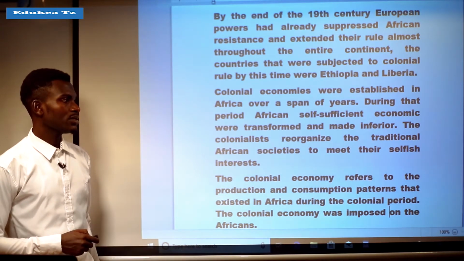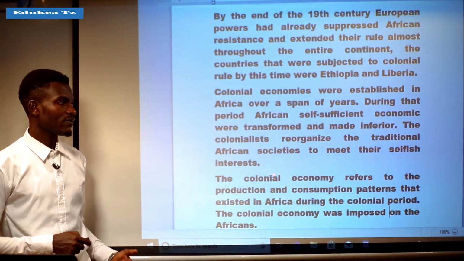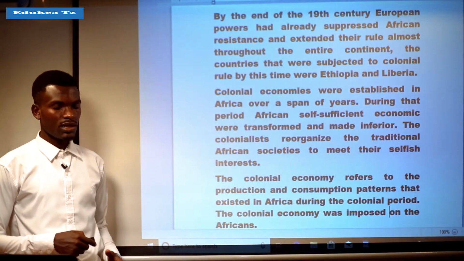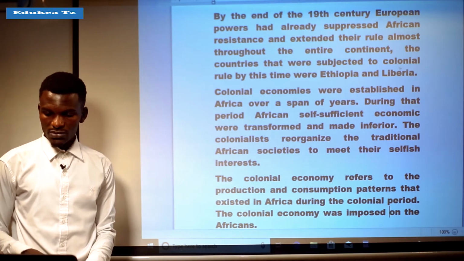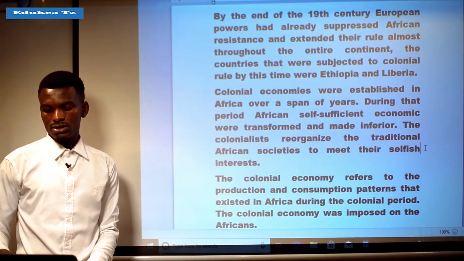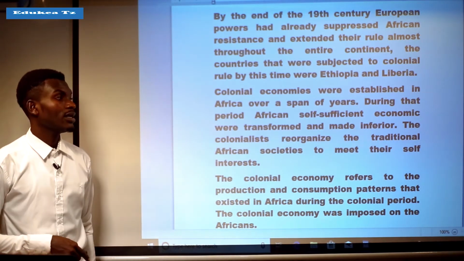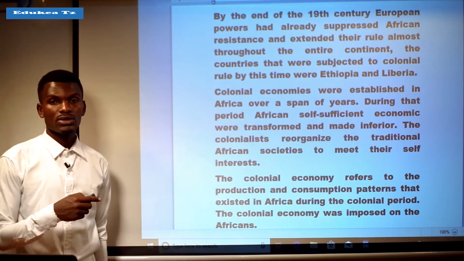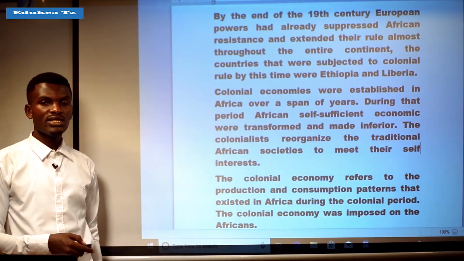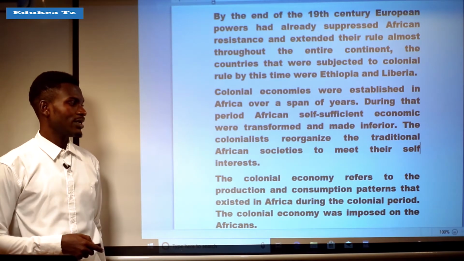The colonialists reorganized the traditional African societies to meet their selfish interests.